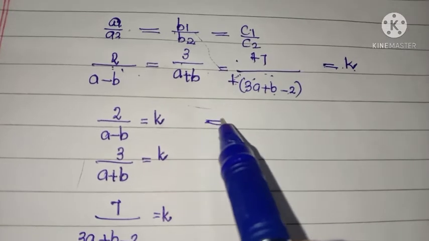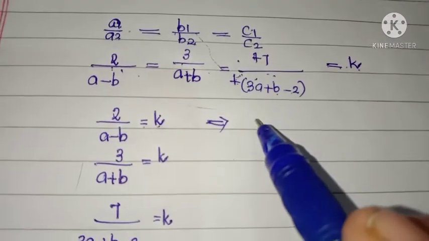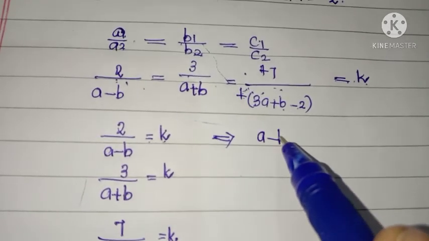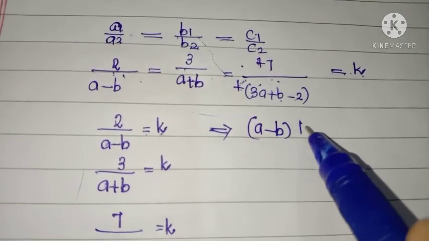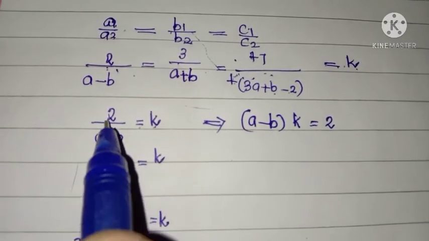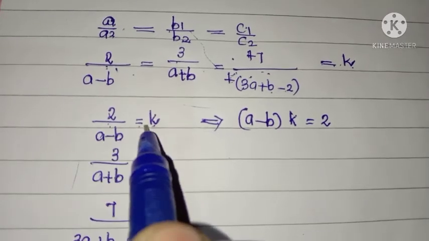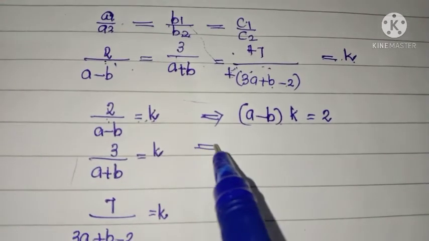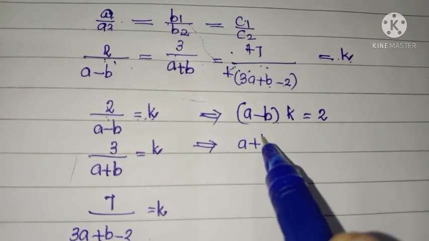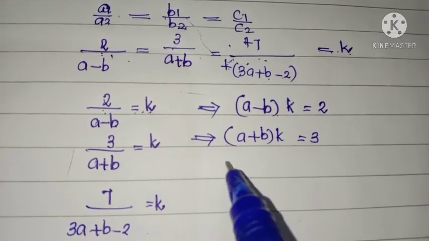From here, 2 by (a - b) is equal to k implies (a - b) into k is equal to 2. Okay, take this a minus b to the right side, so division becomes multiplication. Similarly, (a + b) into k is equal to 3.